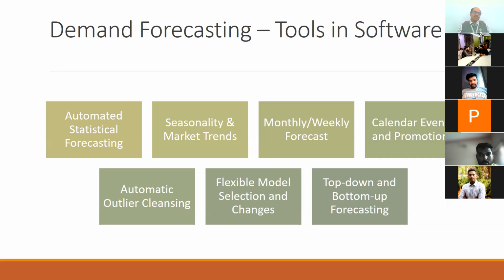Nowadays, in software, you are able to automate the outlier cleansing, flexible models, and you are able to tell the promotion item. If you are sitting inside Big Bazaar, when we have to give a discount, what type of discount we can give. That is essential. That is why try to go through Streamline.